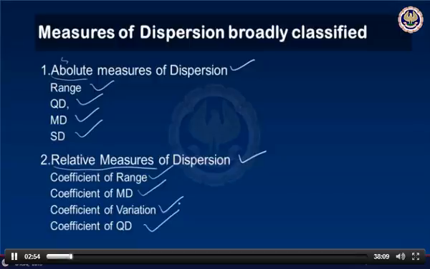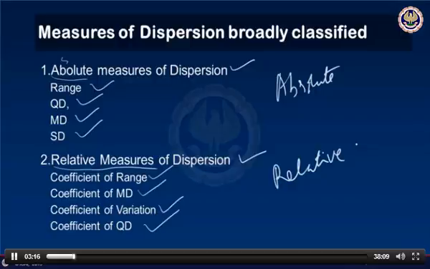These are the important aspects of measures of dispersion. These are the absolute, and these are the relative measures of dispersion. Now we are comparing the distinct points between absolute and relative measures.